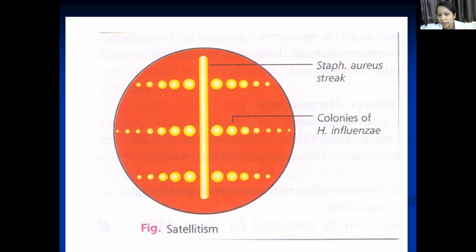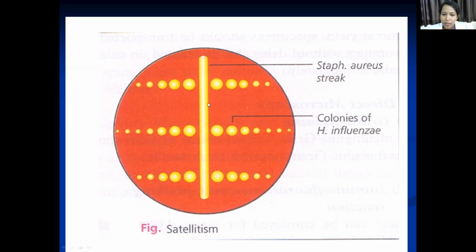Staphylococcus aureus will produce factor V. So near this line, more factor V will be seen, and if we go outward, the factor V will be less, due to capillary action and diffusion.